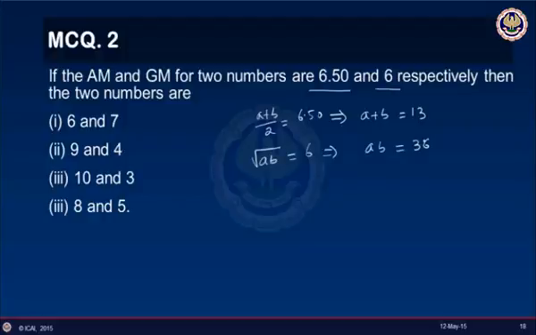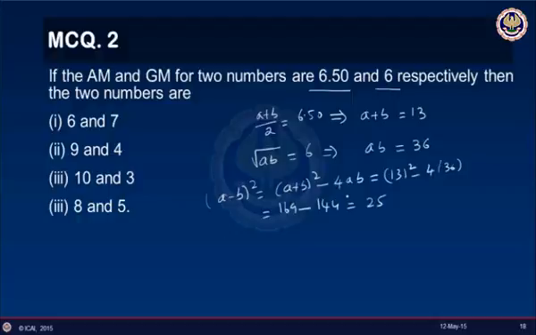Now, we have to find the two numbers. Using algebra, (A minus B) whole squared equals (A plus B) whole squared minus 4AB. You know A plus B is 13, so 13 squared minus 4 into 36, which is 169 minus 144, which is 25.